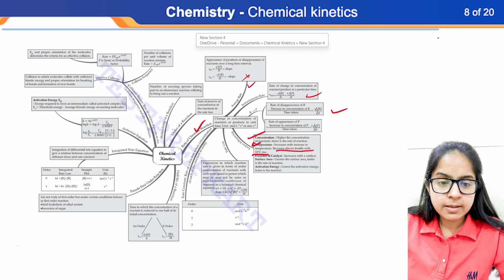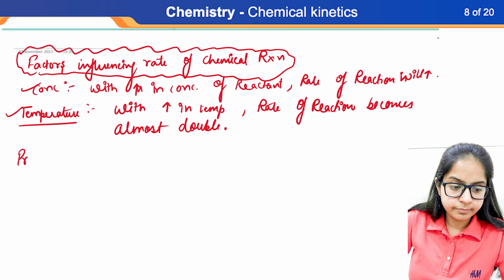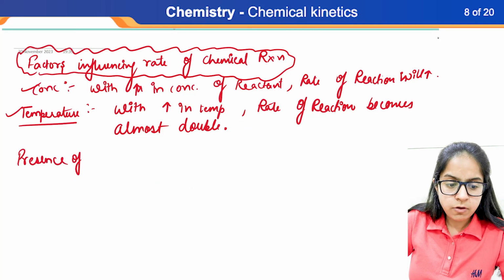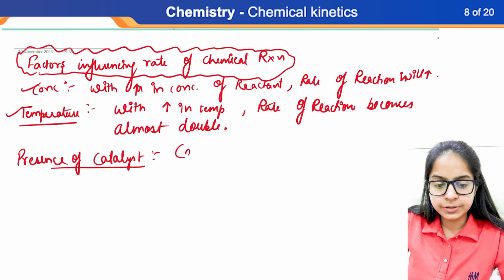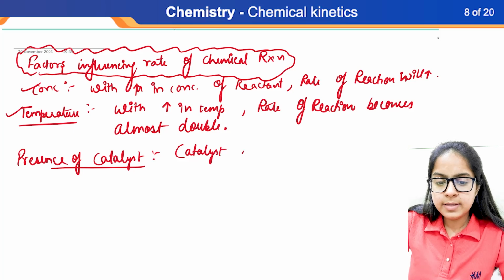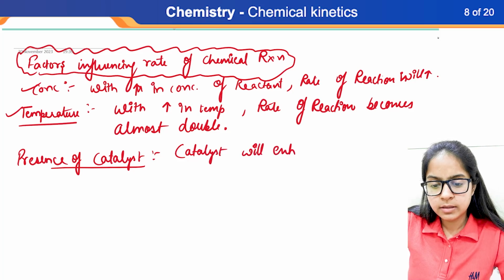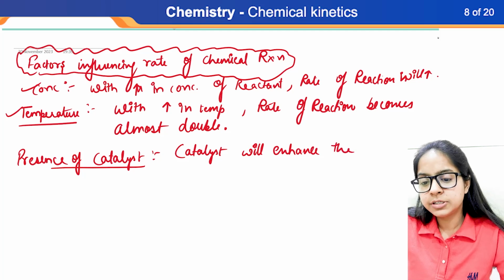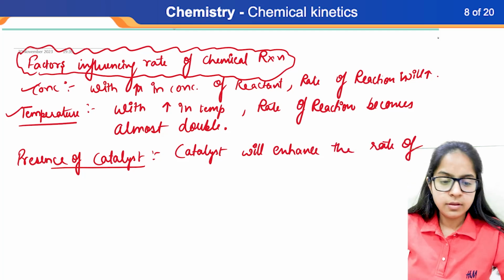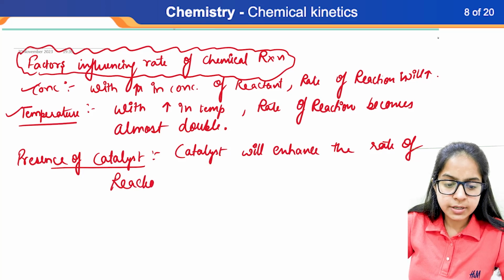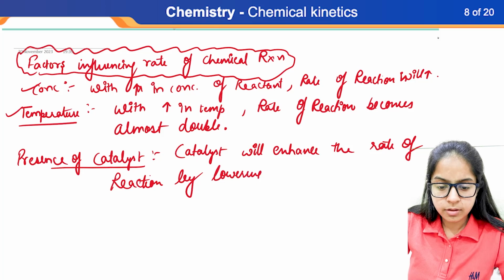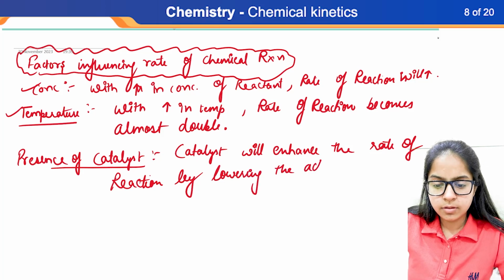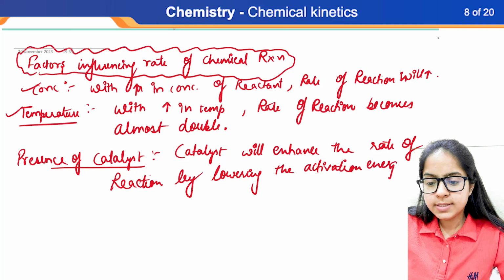Now the next one is the presence of a catalyst. A catalyst is going to enhance the rate of reaction by lowering the activation energy. Now, what is activation energy?